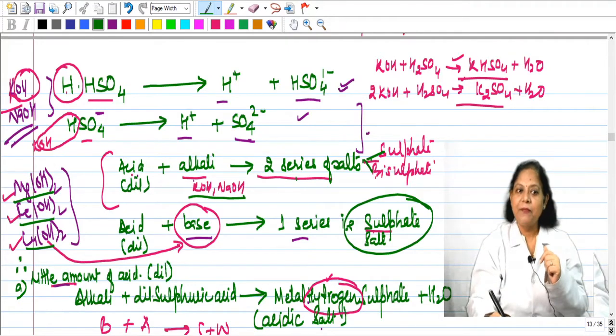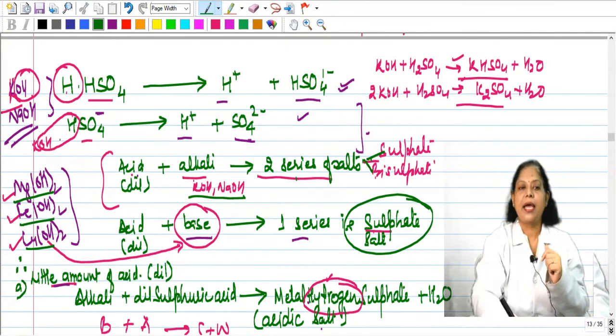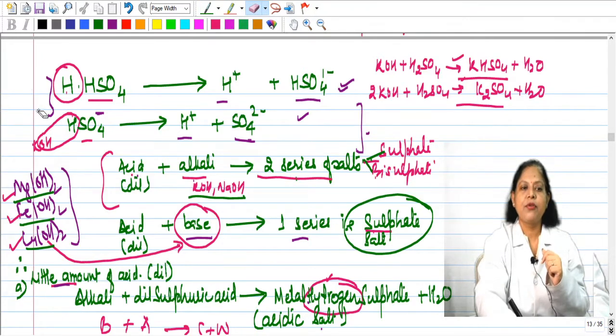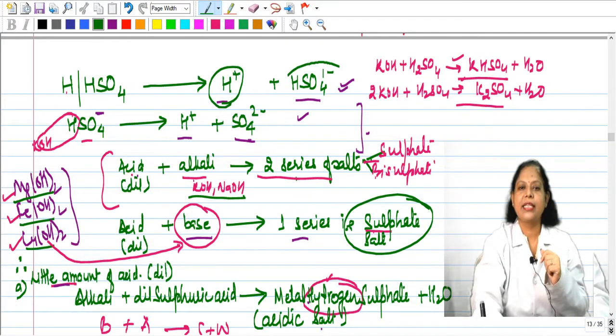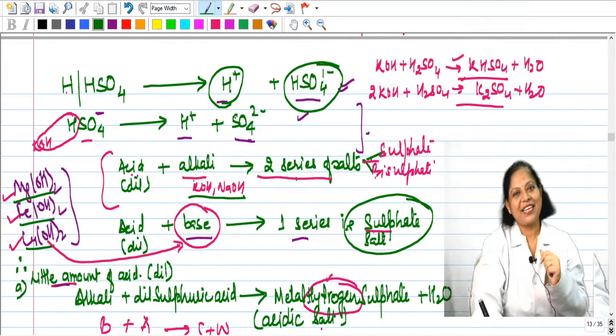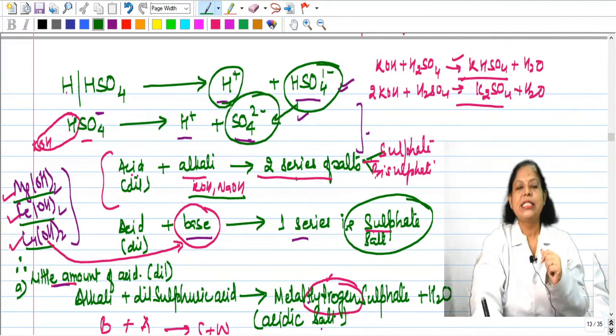Is this clear? Now how does it happen? If you take sulfuric acid, it is going to break. First it forms one hydrogen ion and a hydrogen sulfate ion. Then this hydrogen sulfate ion further breaks into a sulfate anion and another hydrogen ion.